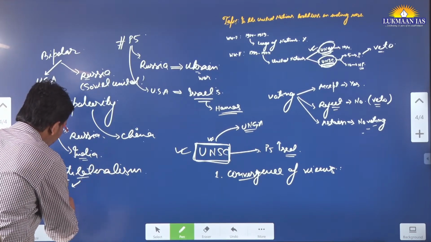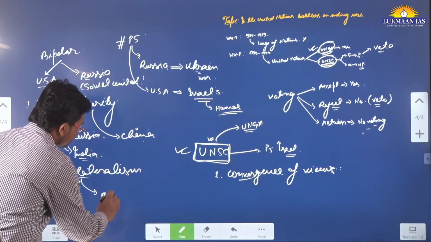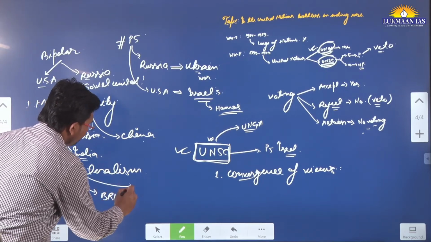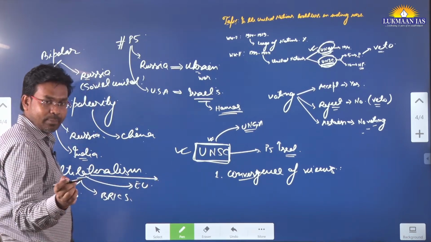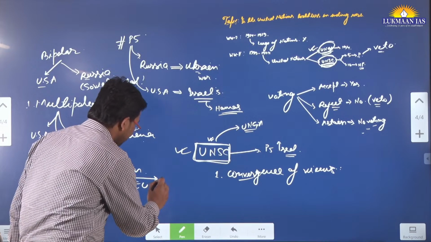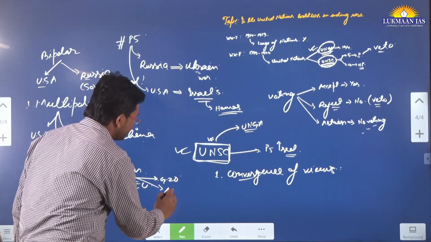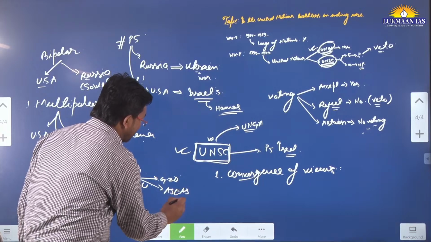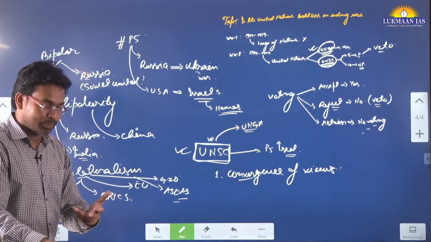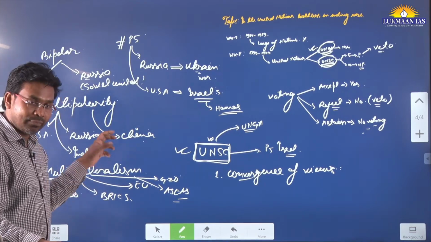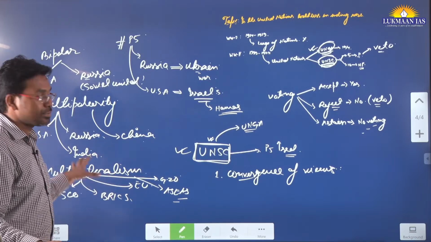For example, the Shanghai Cooperation Organization, BRICS, the European Union, G20, ASEAN. Many groups have emerged. These are regional groups, like pockets. Every group has a different viewpoint about the world. So that is known as multilateralism.